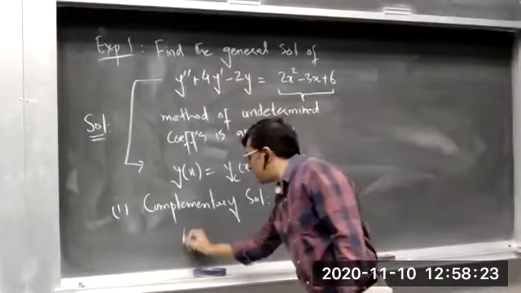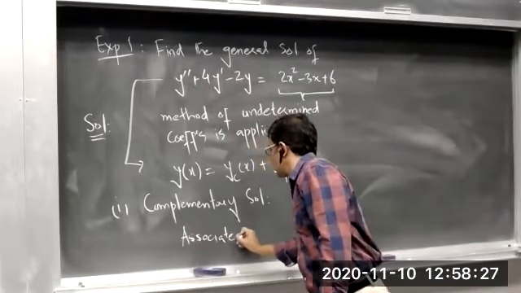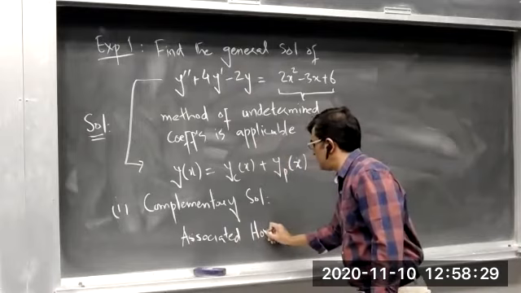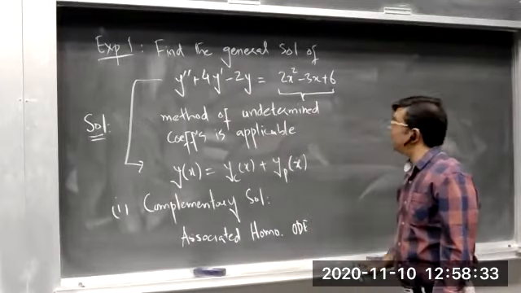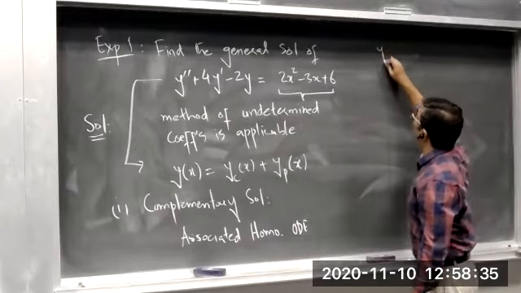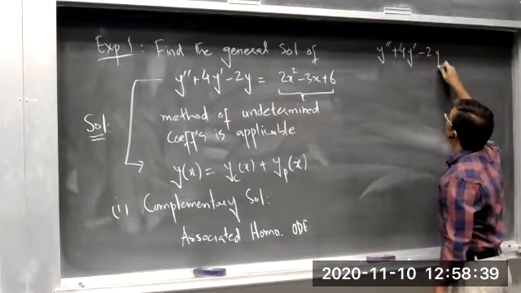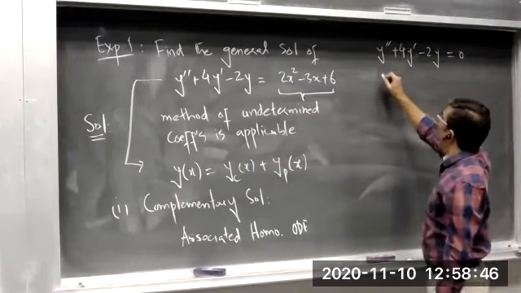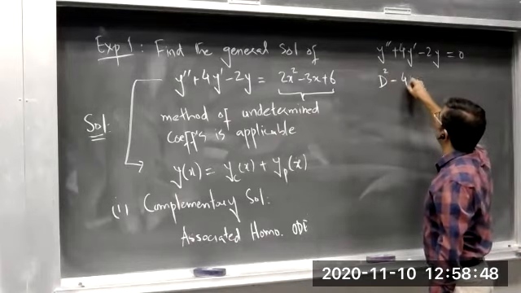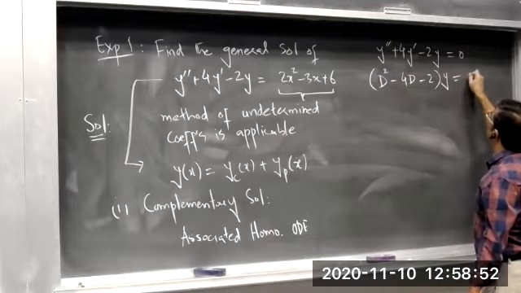First of all, you need to write the associated homogeneous ODE, which is y double dash plus 4y dash minus 2y equal to 0. So we can write this differential equation as (D squared plus 4D minus 2) y equal to 0.